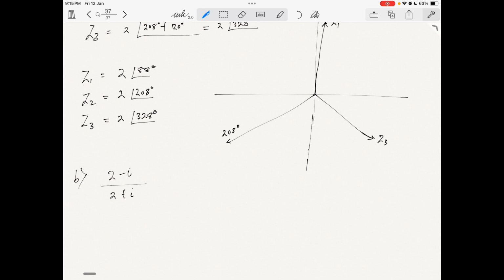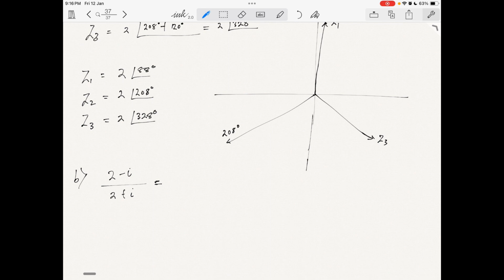As we know earlier, we have to convert this to polar form, and to do that, we first perform a division operation on the complex number in Cartesian form. In performing this, we multiply the numerator and denominator by the conjugate of the denominator.